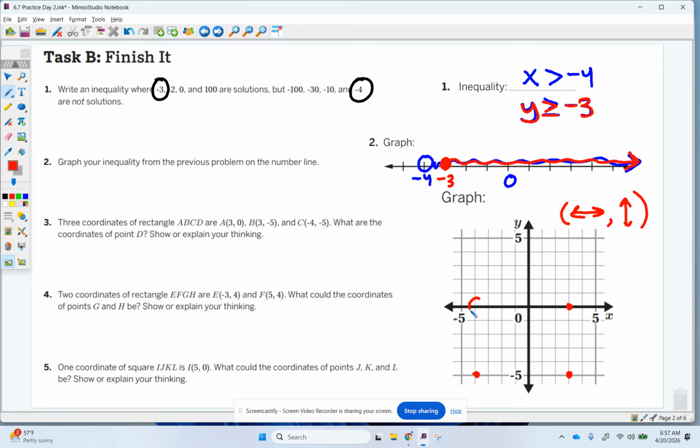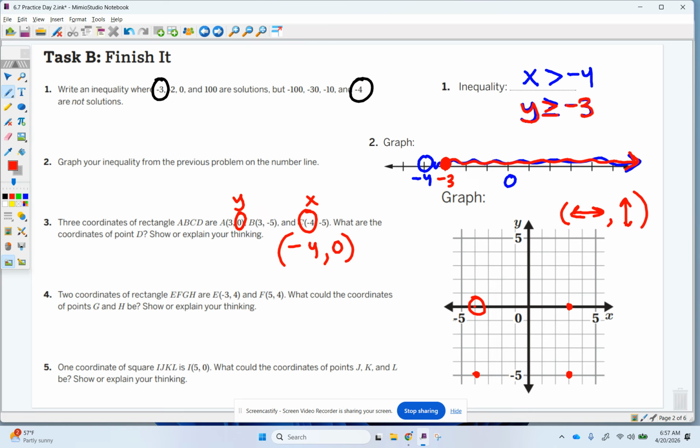Well, that makes this one right here is the last point of my rectangle, and that is -4, because that one's a -4, and 0, because that one's a 0. And so I stole the x coordinate from C, I stole the y coordinate from A, or I could just look at the map, and there it is, or the graph, and there it is.